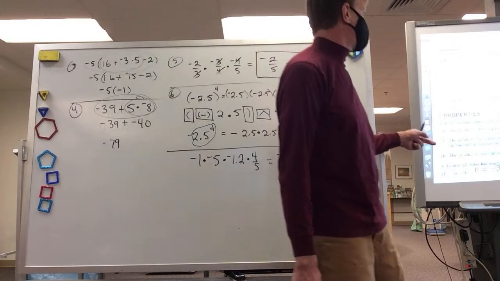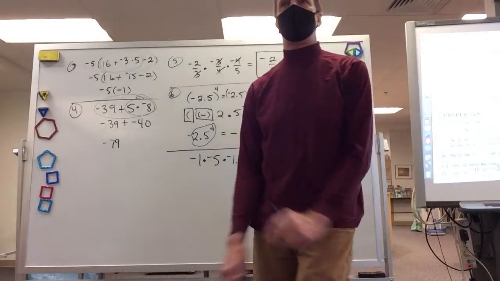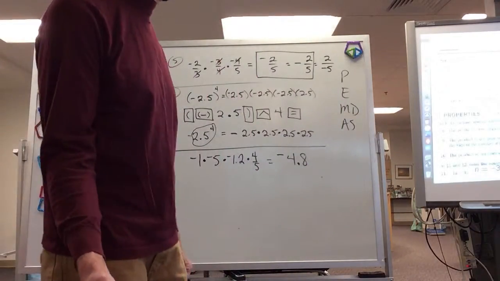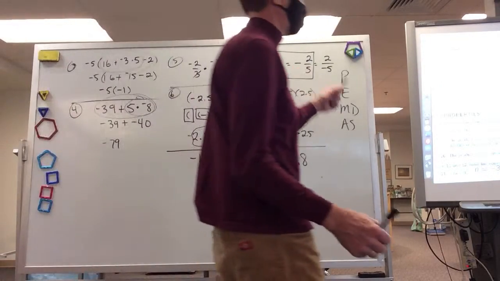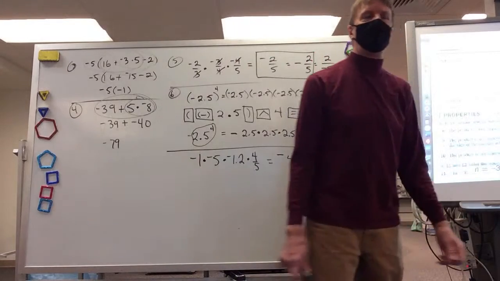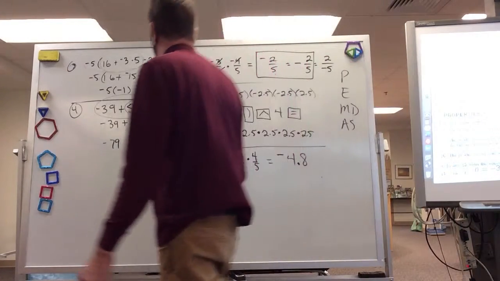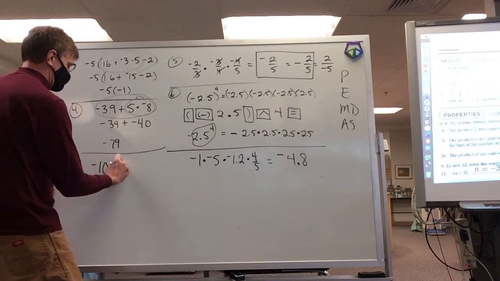The product of two negatives is negative? Never. Can't happen. It's always a positive. The product of a positive and a negative has the sign of the number with a larger absolute value. Yeah, sometimes, but don't use that rule. That's for like addition. Like this.